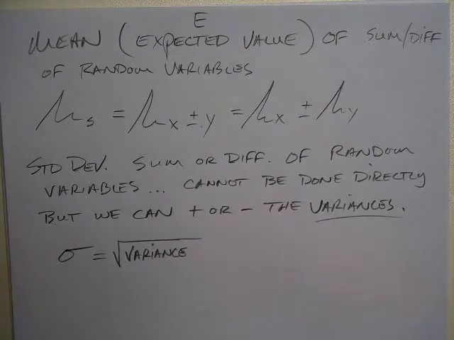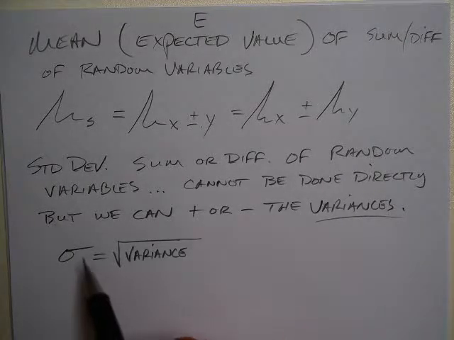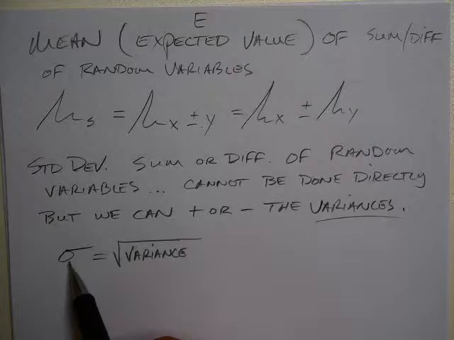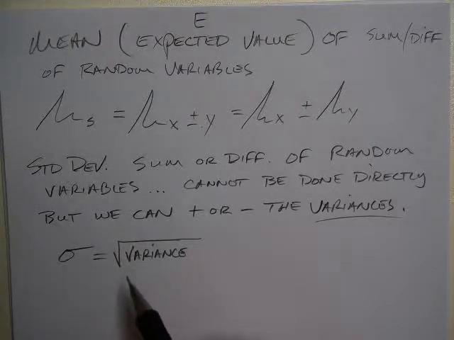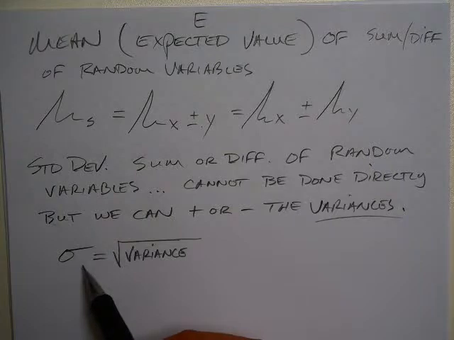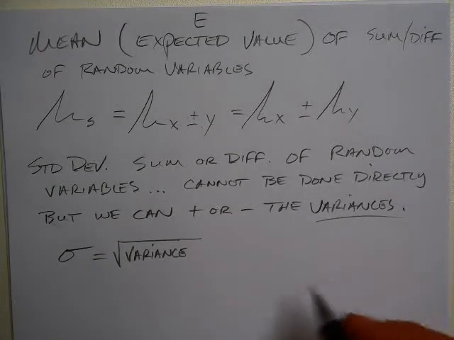If we pulled up the formula, we'd see that there's a square root in getting the standard deviation. So how can I turn a standard deviation into a variance? Square it. If I square the standard deviation, I get the variance.